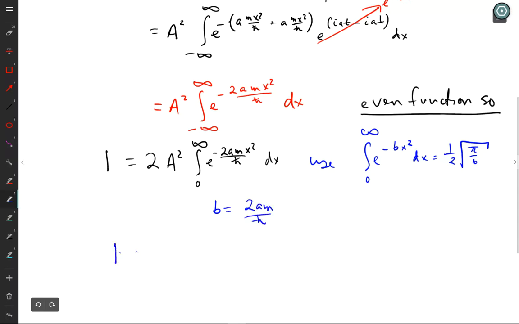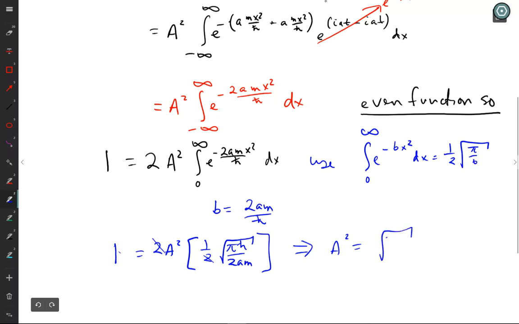So I end up with 1 is equal to, don't forget the 2A squared that's out front, times 1/2 square root pi h bar over 2am. The 2's cancel. Solve this for A. A squared is equal to square root of 2am over pi h bar.